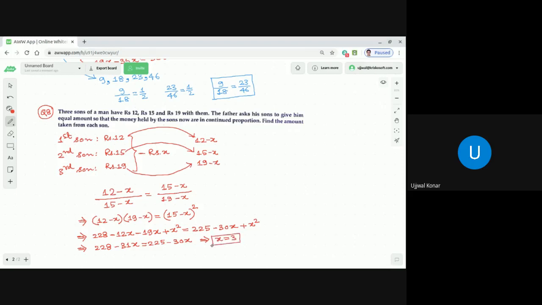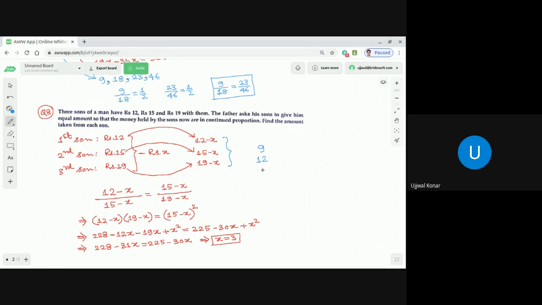That means each of the sons has to give rupees 3 to their father. And again, as I said in the previous question, you can cross verify. After giving those 3 rupees, what are we going to get? 12 minus 3, that is 9. 15 minus 3, that is 12.